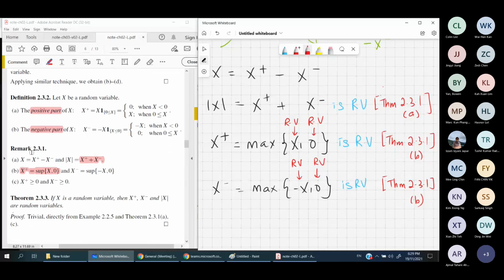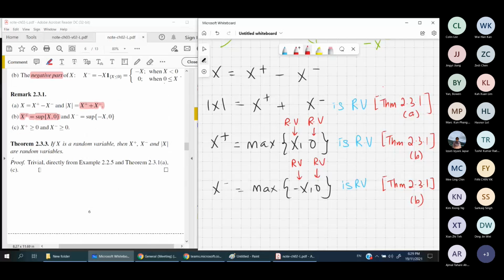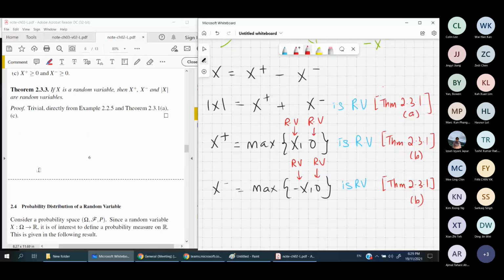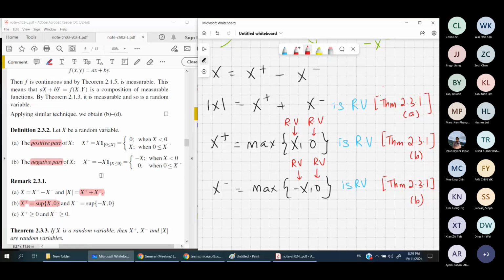So let's come back to here. We can see actually a lot of functions that we can tell are random variables, including X plus, X minus and modulus of X as well.